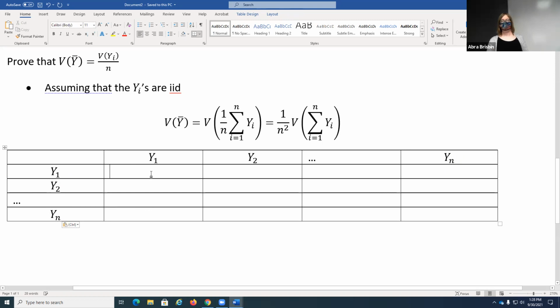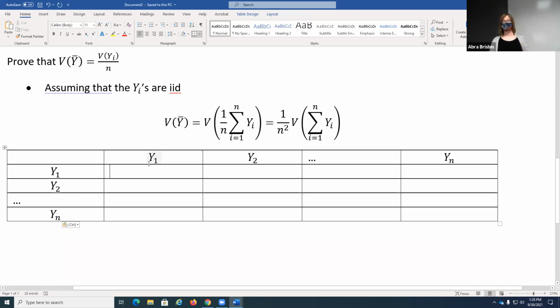In the boxes in this table, we're filling in either the variance if it's in the row and column of the same variable, or the covariance if the row and column are not the same variable.